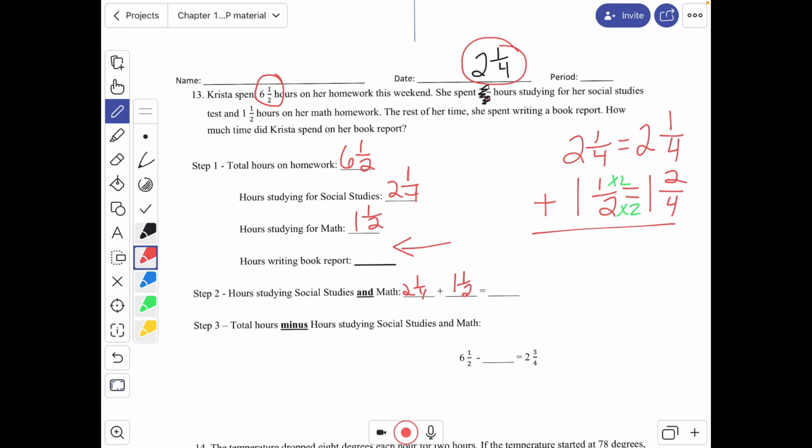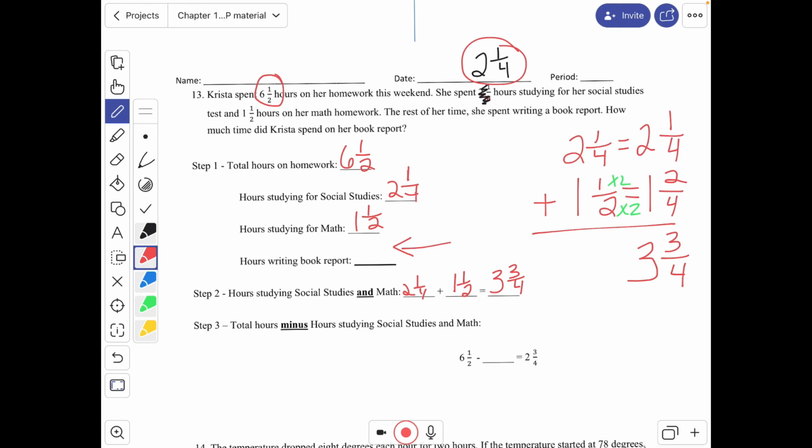Then we add those together. 1 plus 2 makes 3. Denominator's still 4. And 2 plus 1 makes 3. 3 3/4. So if we add those together, we get 3 3/4.